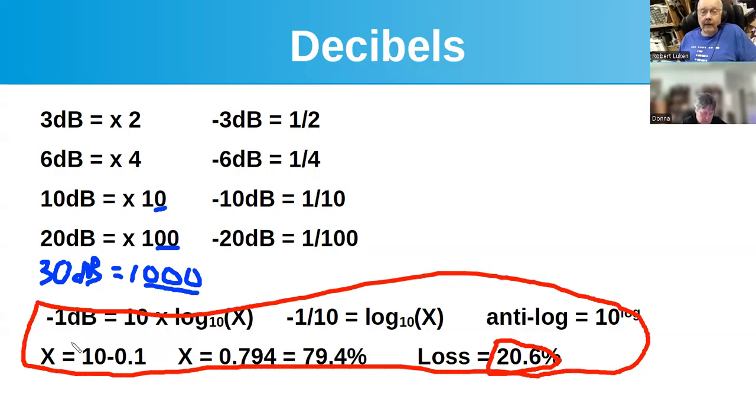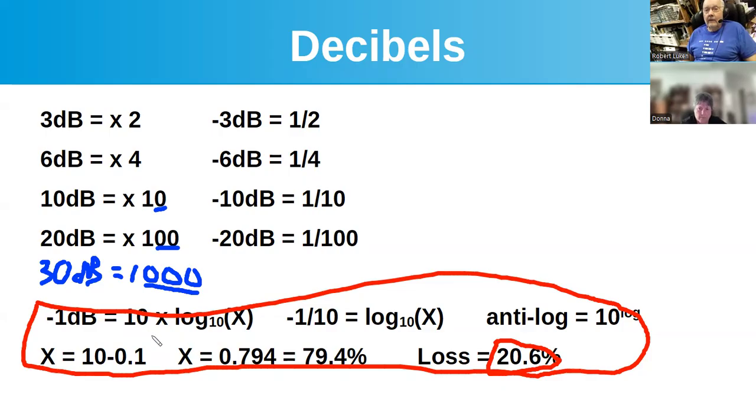So I know that minus 1 dB, because it's a loss, is going to be equal to 10 times the log of x. I don't know what x is, but I know that 10 times the log of x is equal to minus 1 dB.